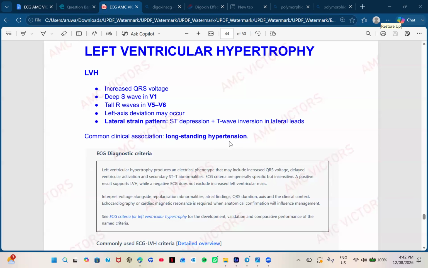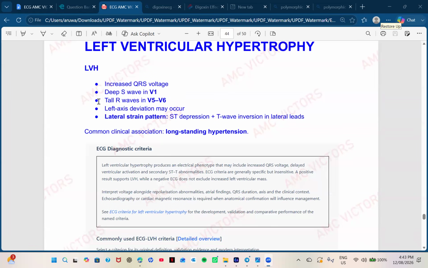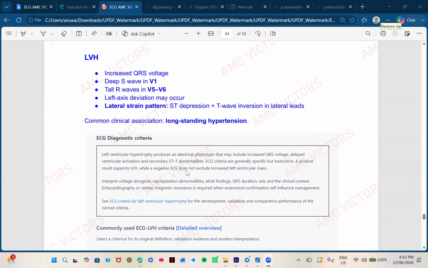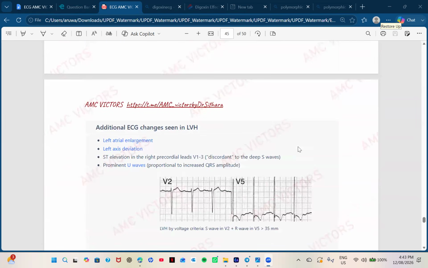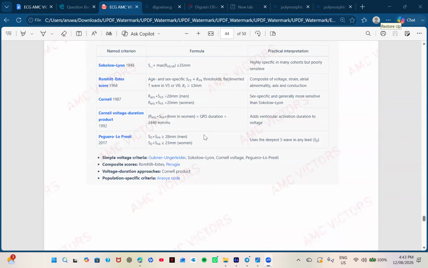Other than that, what we can see is amplitude. Just simply remember the height, measured on the vertical axis. So here there is increased QRS voltage, a deep S wave in V1, tall R waves in V5 to V6, and left axis deviation can be seen, right? This is the main one.